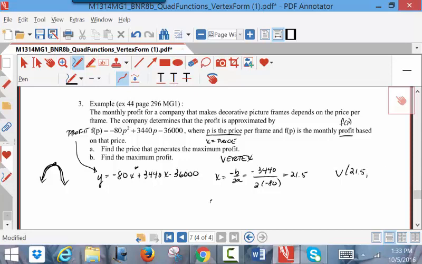The y value of my vertex is to take negative 80 times 21.5 squared plus 3440 times 21.5 minus this huge 36,000.